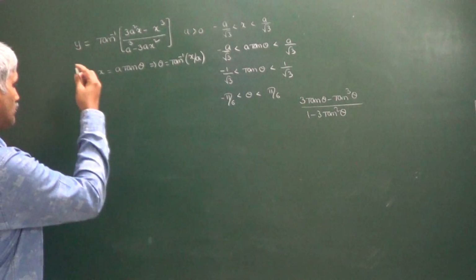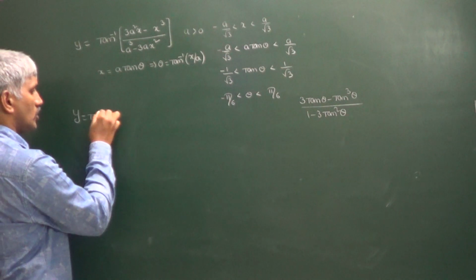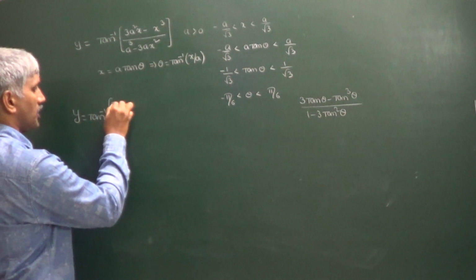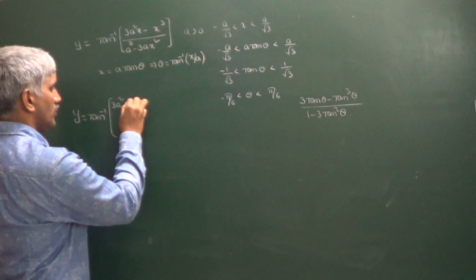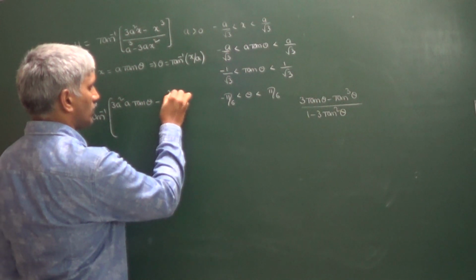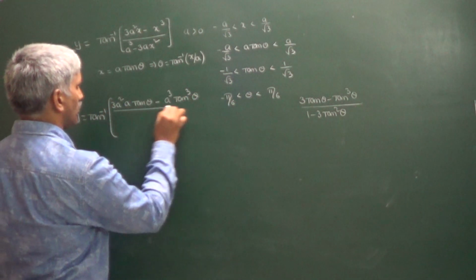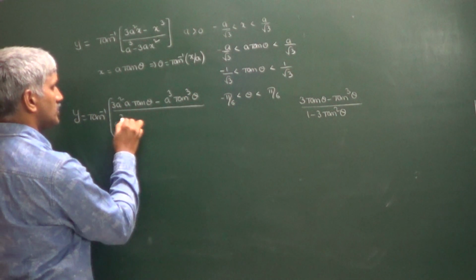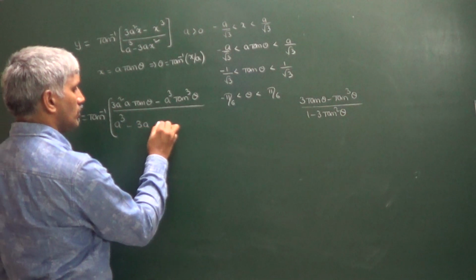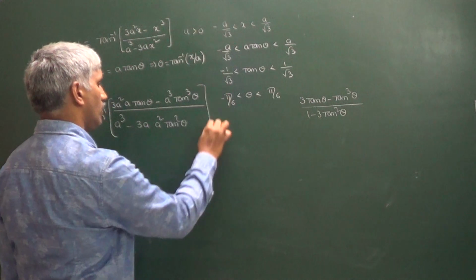Okay, substitute there. Therefore, y is equal to tan inverse of (3a² tan θ minus a³ tan³ θ) divided by (a³ minus 3a·a² tan² θ).